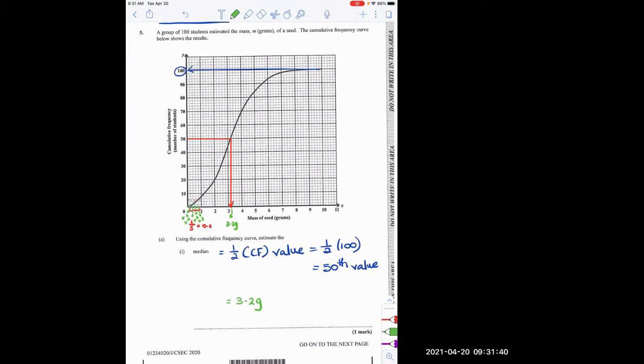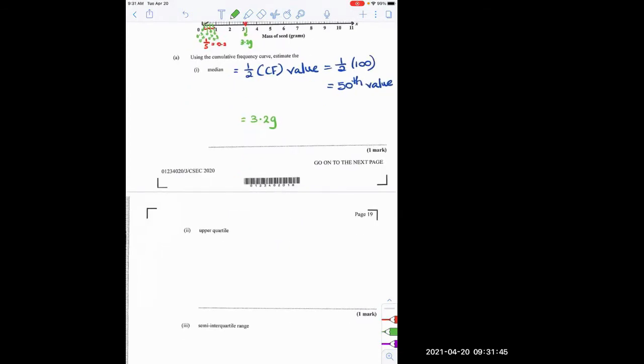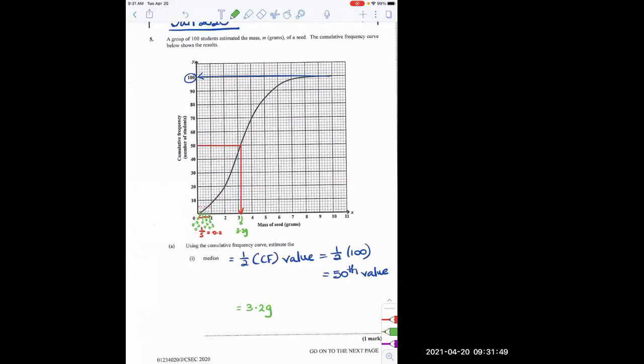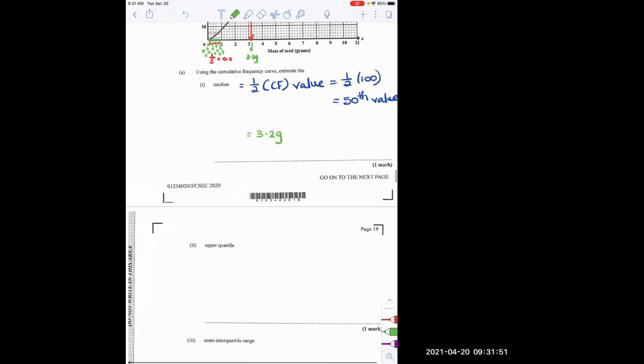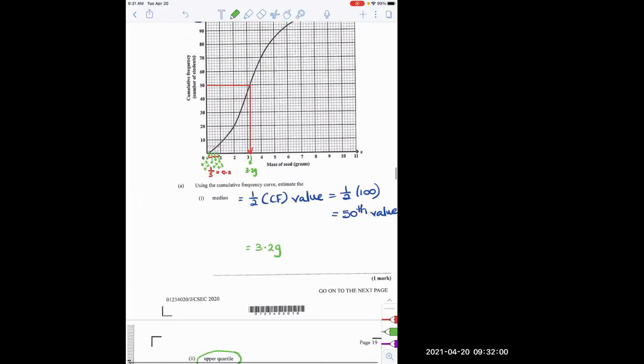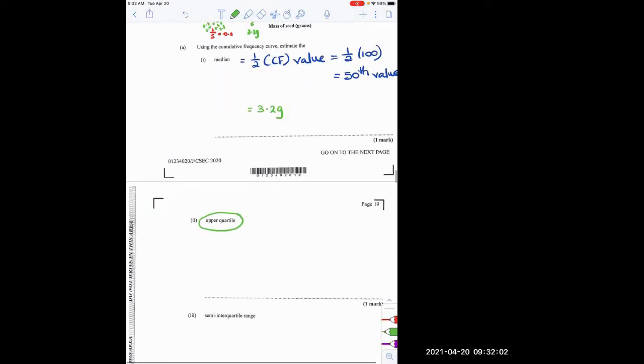Now, let's go again. The upper quartile. We want to find the upper quartile. So the median is in the middle. In order for us to find the upper quartile, the formula for upper quartile is 3/4 of the CF.